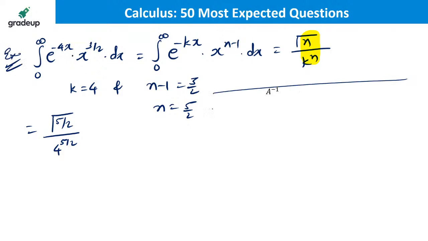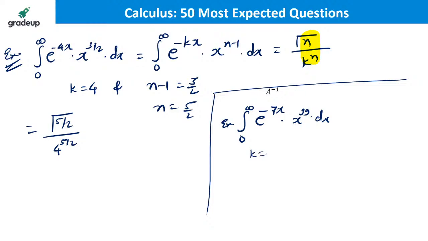So suppose you are having integration from 0 to infinity, e to the power minus 7x, x to the power 99 dx. Then what is k? Sir, k is 7. And what is n minus 1? n minus 1 is 99, so n will be 100. Are you following?